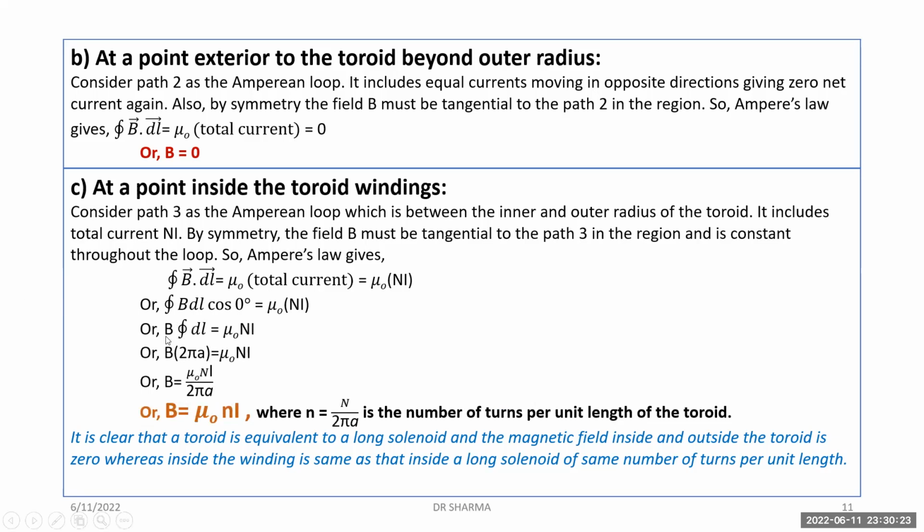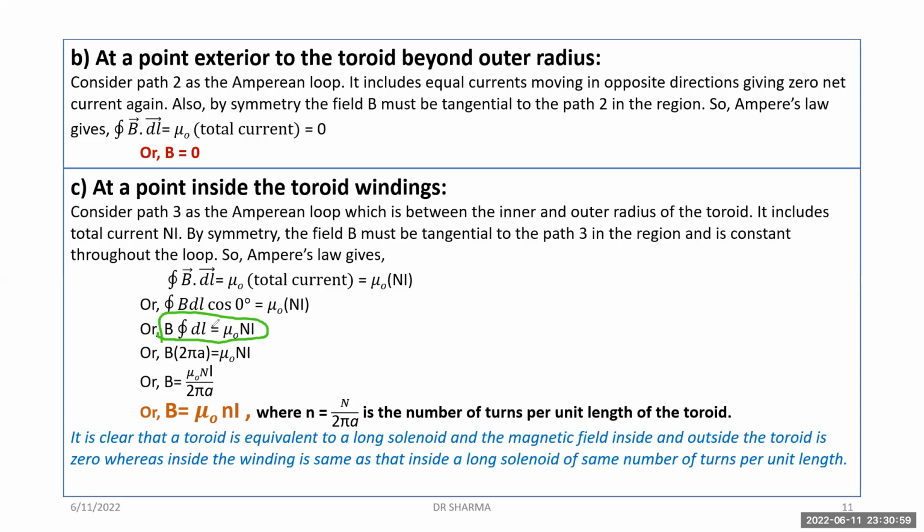So we write B integration dl equal to mu naught N I. Now, integration dl throughout this circle of radius small a would be equal to its circumference. Because you are just summing the small pieces dl of that circular loop throughout the circumference, you are getting that circumference.